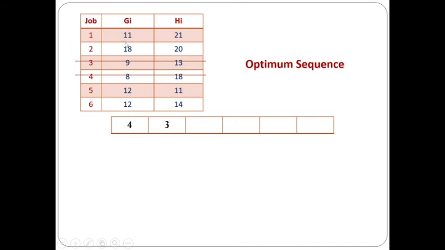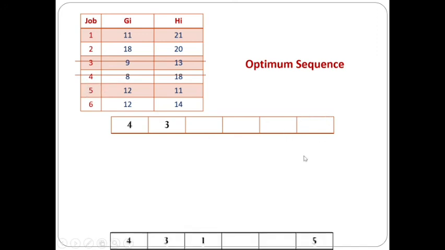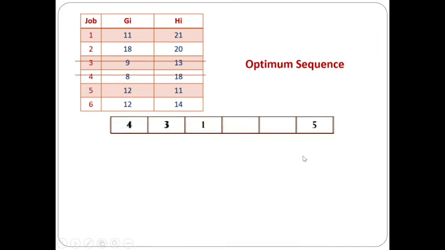We have two 11s, one on machine 1 and another on machine 2. So, the machine 1 job should be scheduled in the first available position. The machine 2 job should be scheduled in the last available position. So, job number 1 goes here and job number 5 goes in the last available position. Then we cross it out like this.